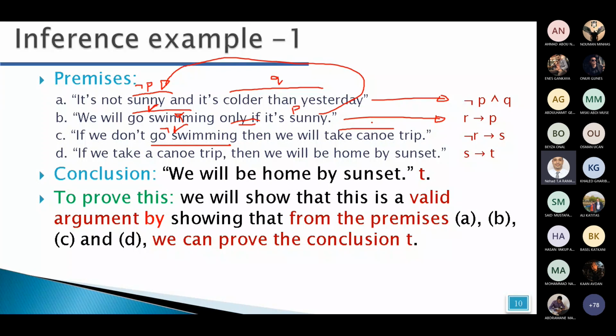Take canoe trip, we can use S. So if not R then S, so not R implies S. Next statement: if we take a canoe trip, which we named S, then we will be home at sunset.